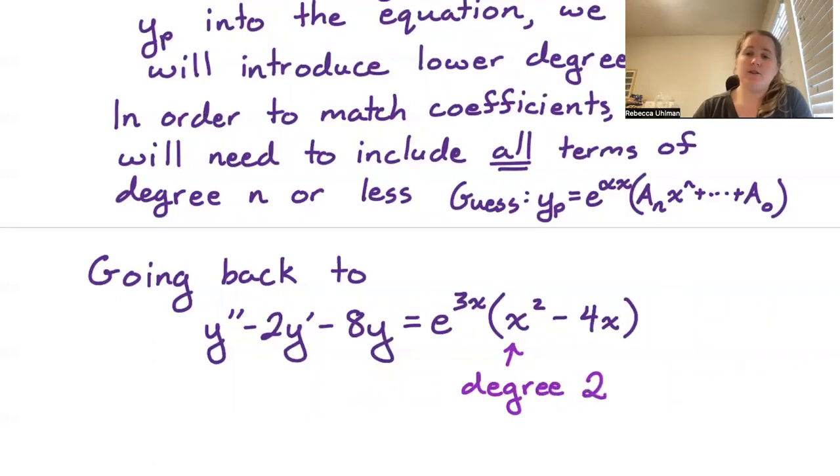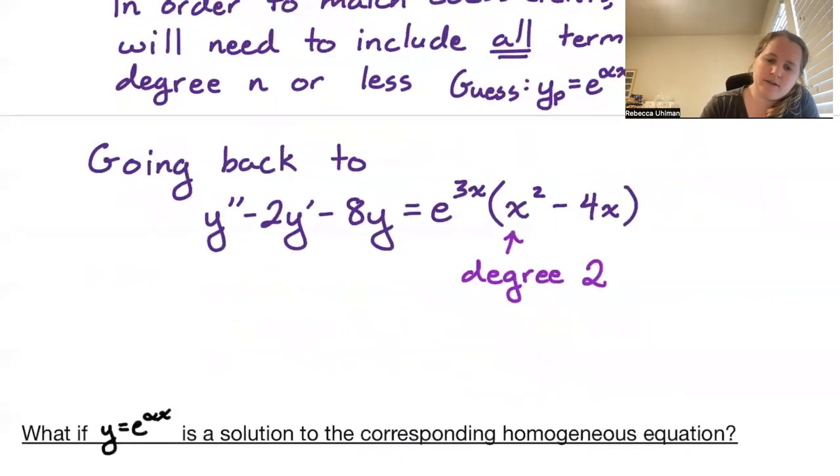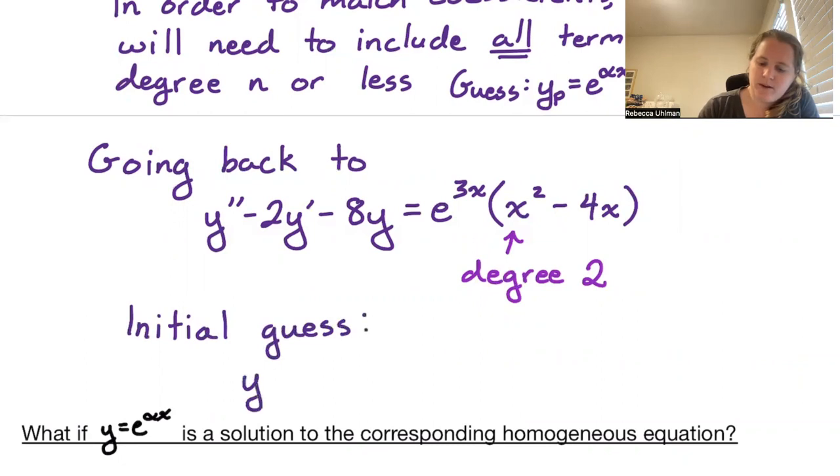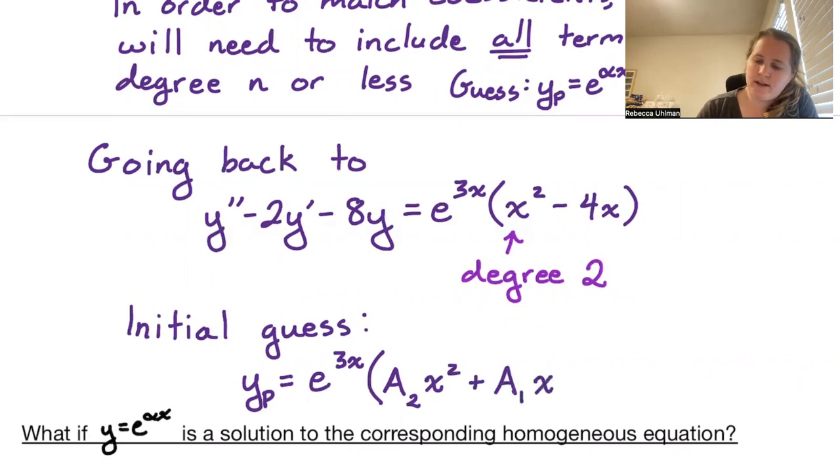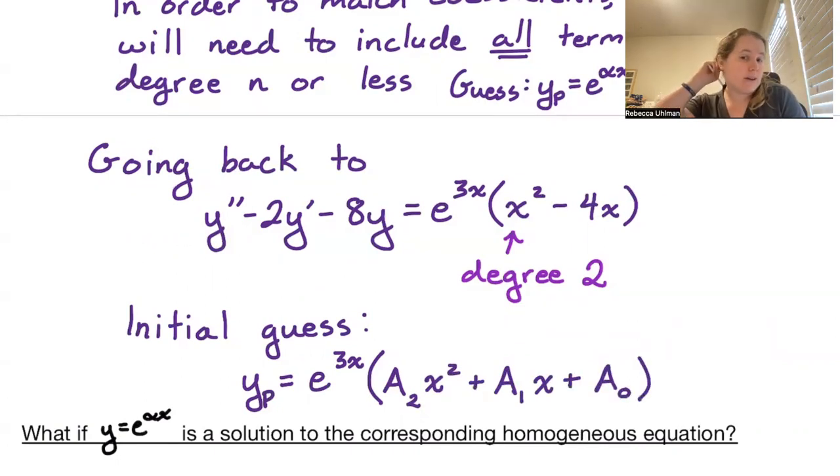And so our initial guess would be that yp is equal to e to the 3x, matching that e to the 3x we had, times an A2 x squared plus an A1 times x plus A0. So this would be our initial guess.